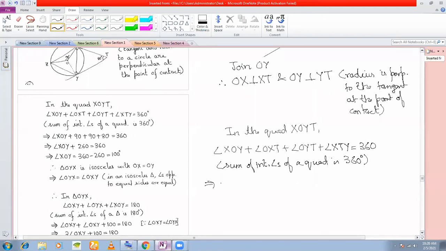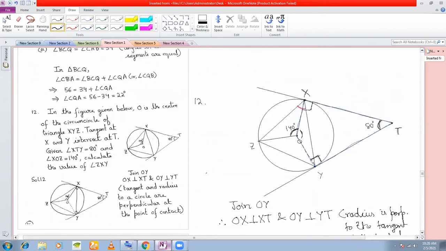So we want to find angle XOY. These two angles are 90 degrees, and this angle is given to us as 80 degrees. So one 80 degree angle and two 90 degree angles.